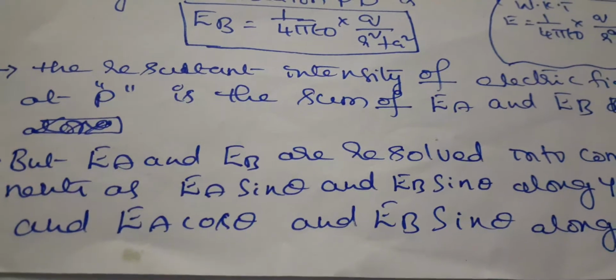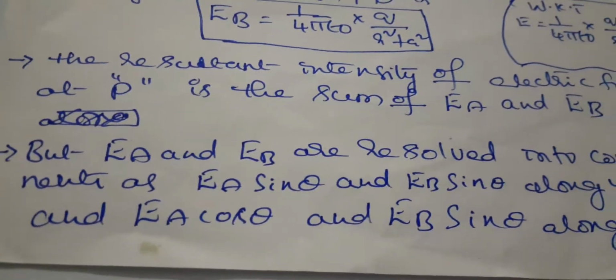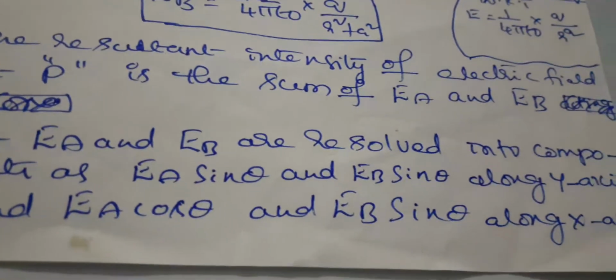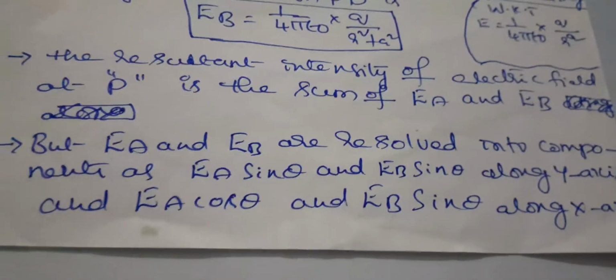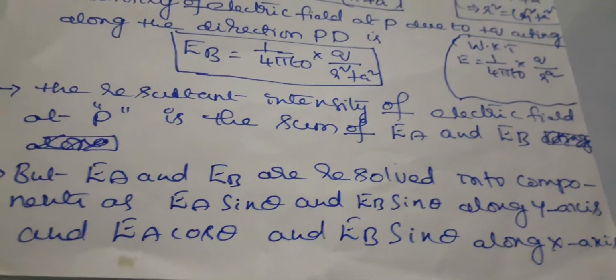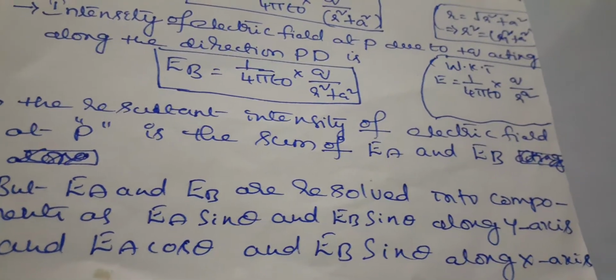So here the last point in the resolving topic of EA and EB. EA and EB are resolved into components as EA sin theta, EB sin theta along the y-axis, and EA cos theta and EB cos theta along the x-axis.